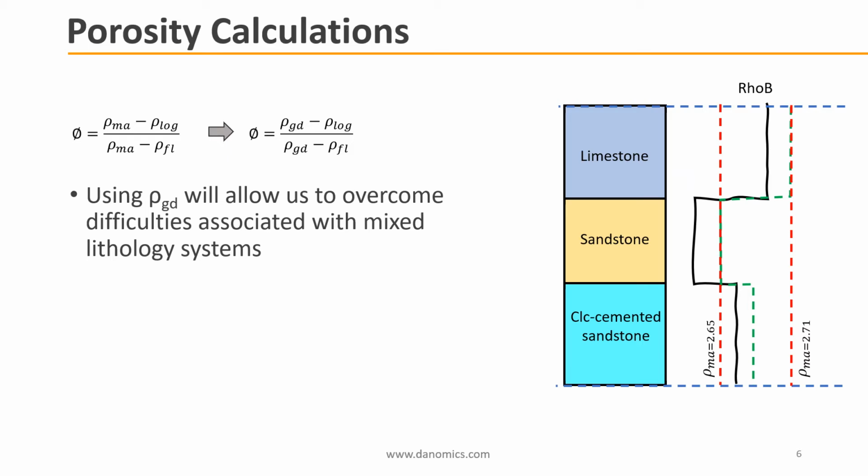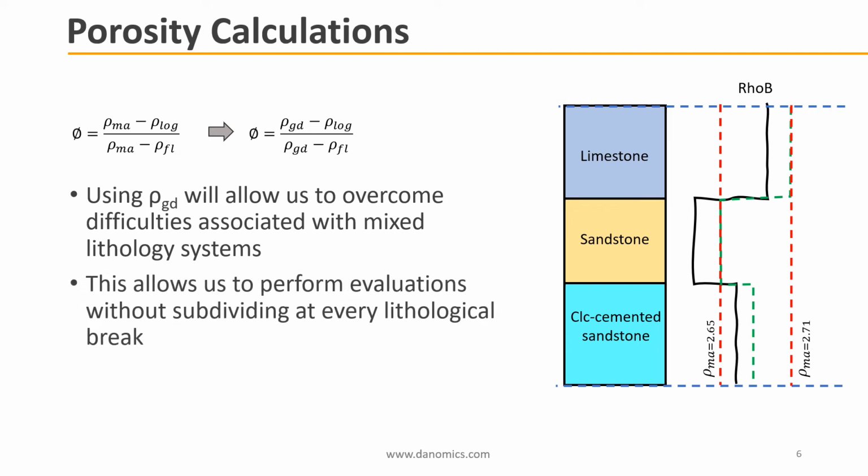It needs to be between 2.65 and 2.71, but where should that be? Well, if we can calculate a grain density, then we know what this should be. So grain density allows us to overcome the difficulty associated with that.